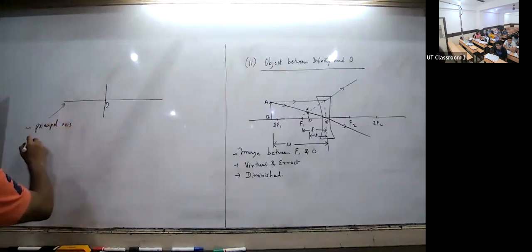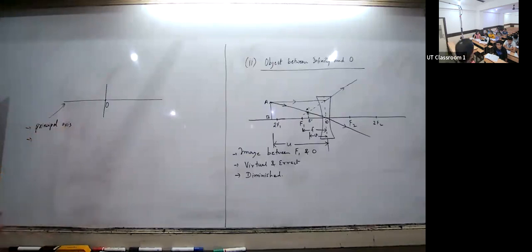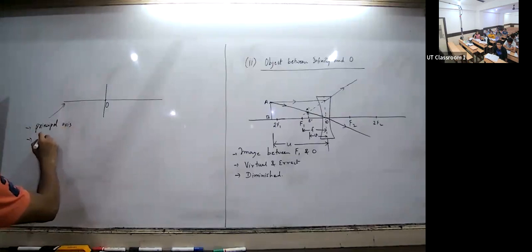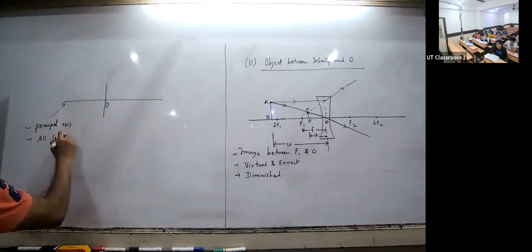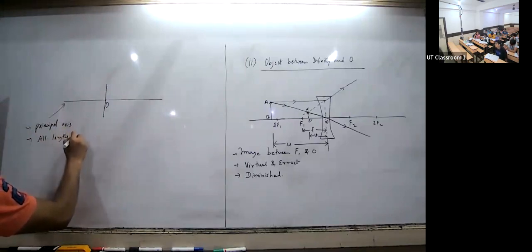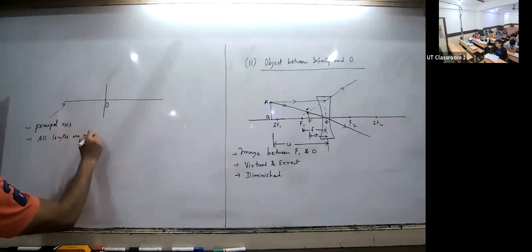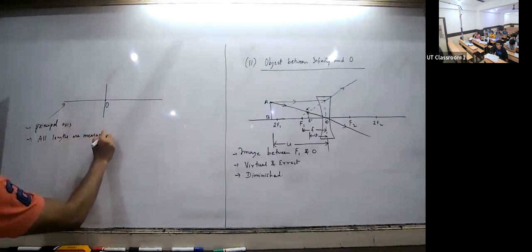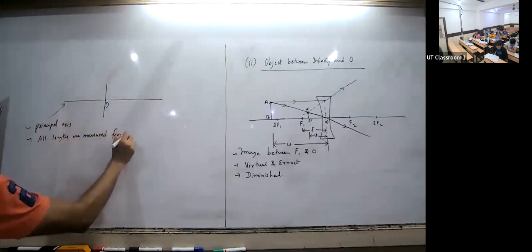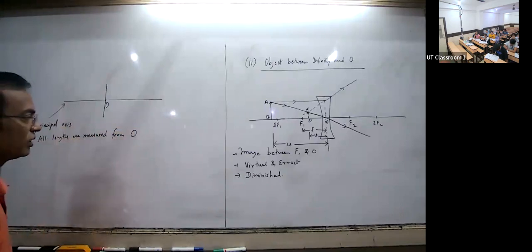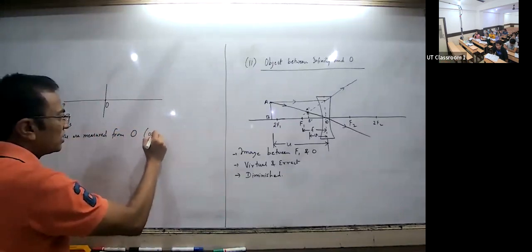So what is the thing to be kept in mind? All distances or all lengths are measured from O. What is O here? Optical segment.